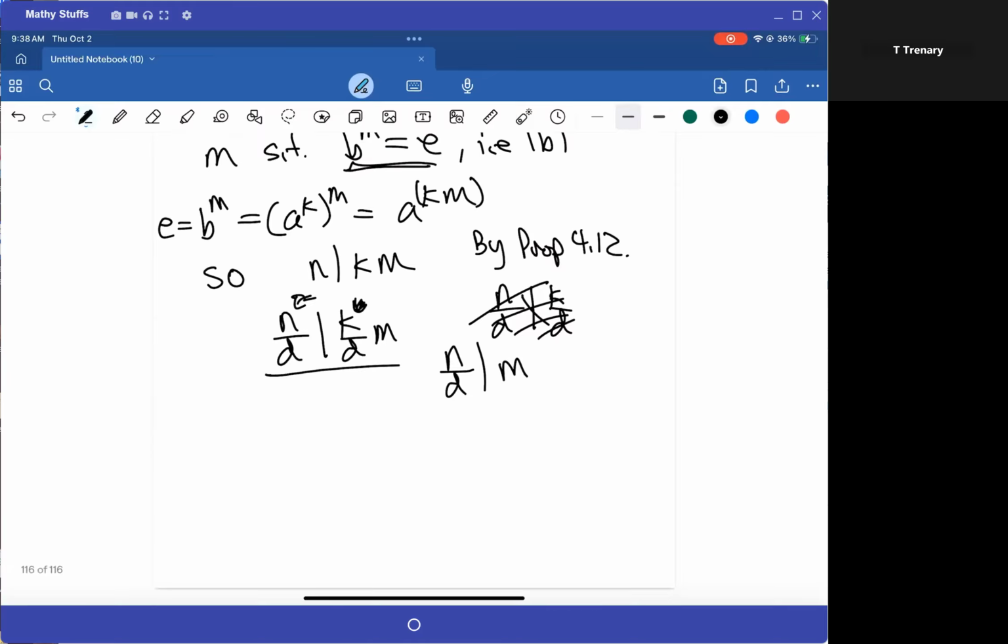And since m is the smallest positive number that we're looking for, the only answer is that m must be n over d. If m is less than that, n over d can't divide it. So we now have our result that the order of b is n over d.